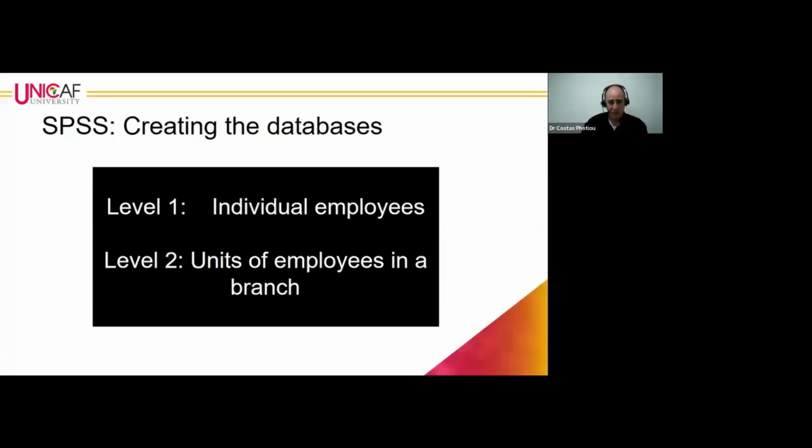And at level 2, we look at the units of employees in a branch. So again, one bank might have 100 employees. And if the bank has 5 branches, then perhaps there are 20 employees per unit.